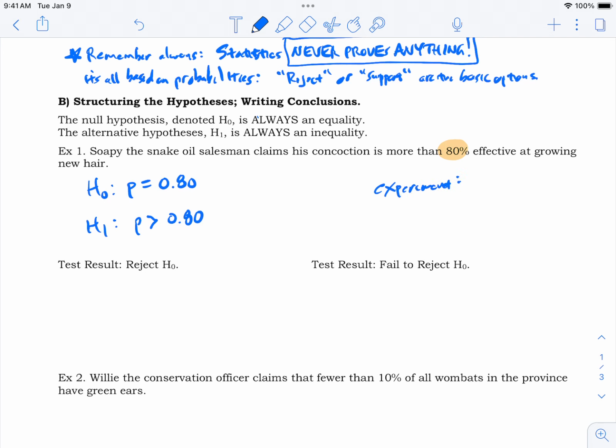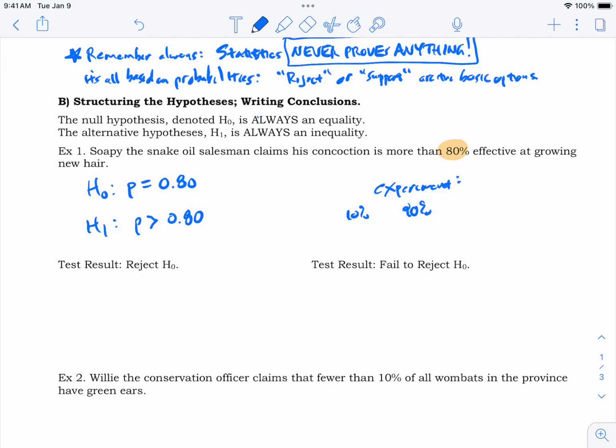Maybe in your experiment you get something like 90%. Or maybe in your experiment you get something like 10%, right? You're going to have to measure and get a number to compare to that 80%. And probability comes in there.